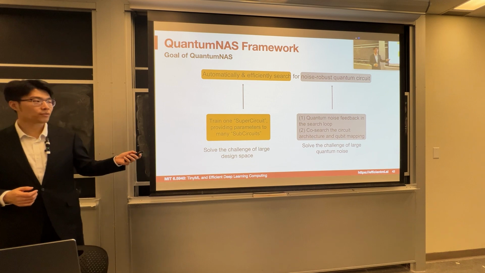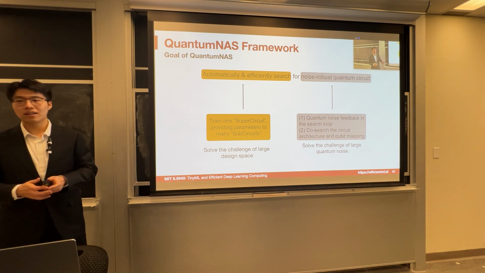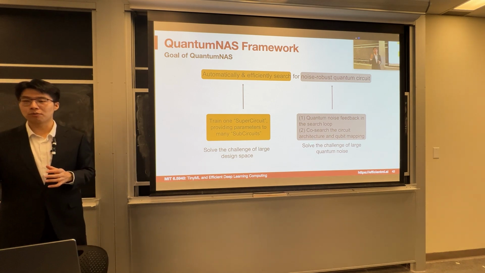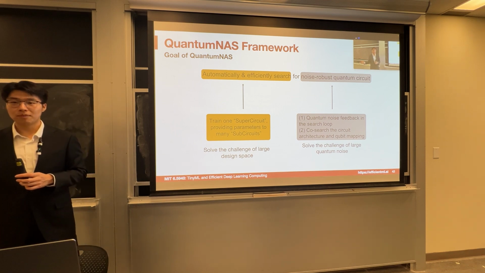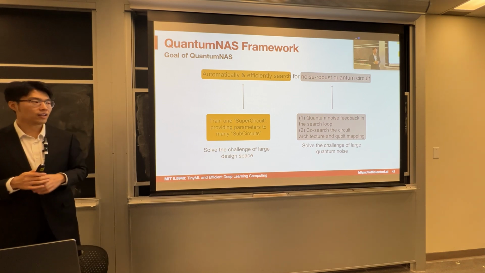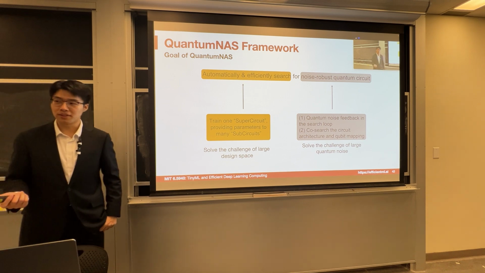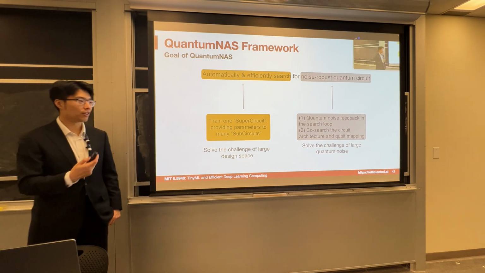But on an actual quantum device, it's not the case. After you design this program, you also need to be very careful about which qubits you want to use, because even with the same structure on different qubits, the performance will be different because of the different noise levels of different qubits.